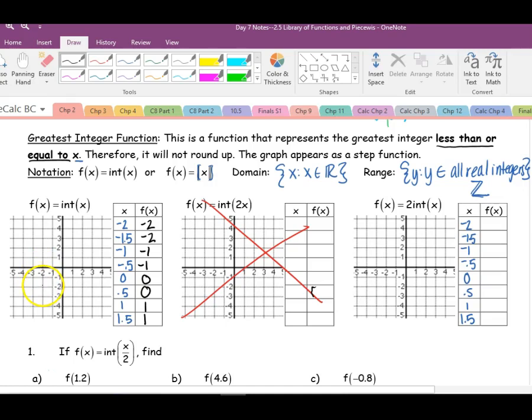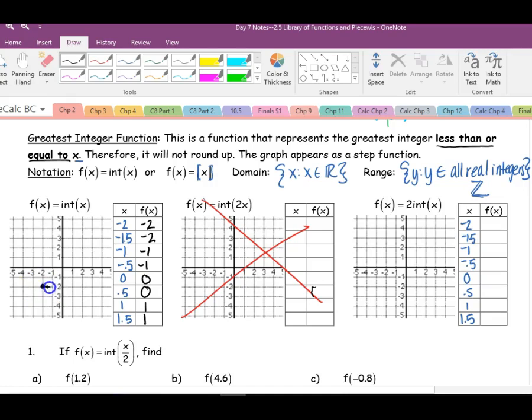-2 is here, and then -1.5, -2 would be here. And in fact, all the way up to -1. If it was like -1.1, it would still round down to -2.